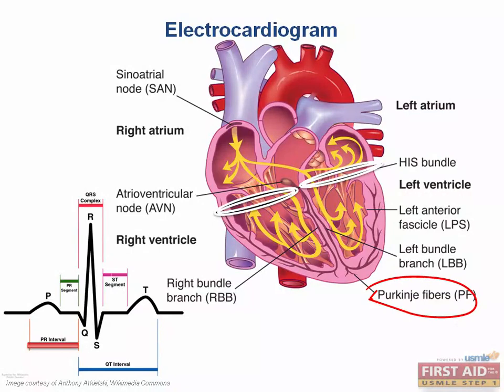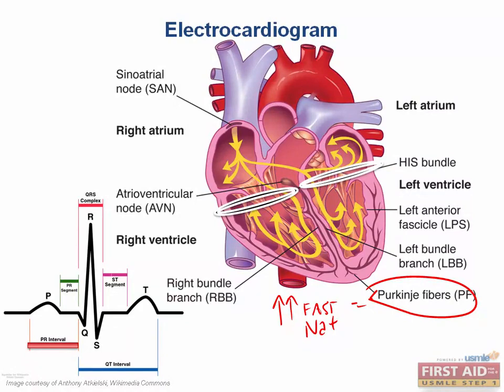What is special about these other than the fact that they are named after some random bohemian scientist? They have the highest concentration of fast sodium channels in the heart. Do you remember how we said that the number of fast sodium channels is directly responsible for the velocity of the upstroke phase zero in cells?